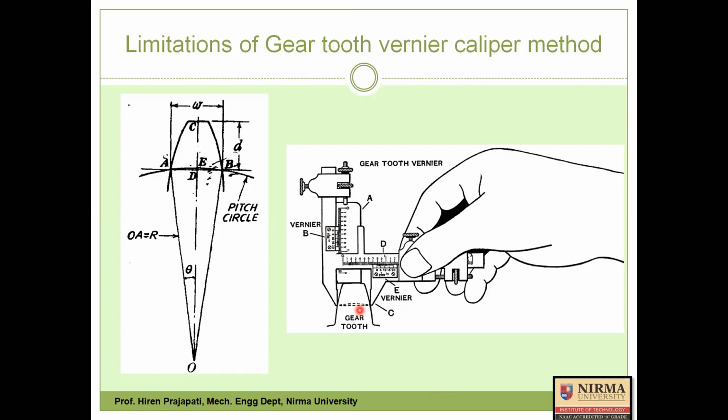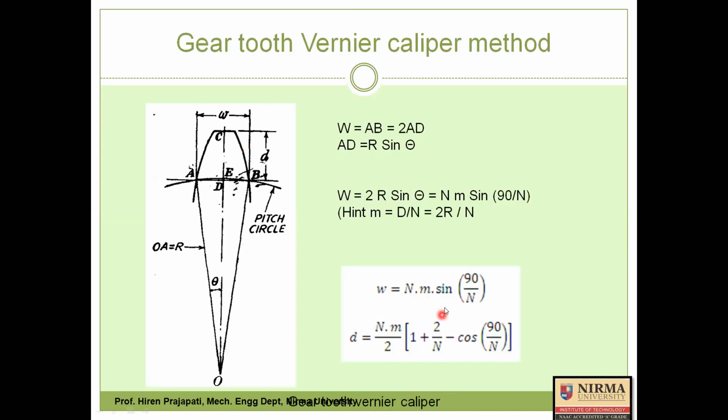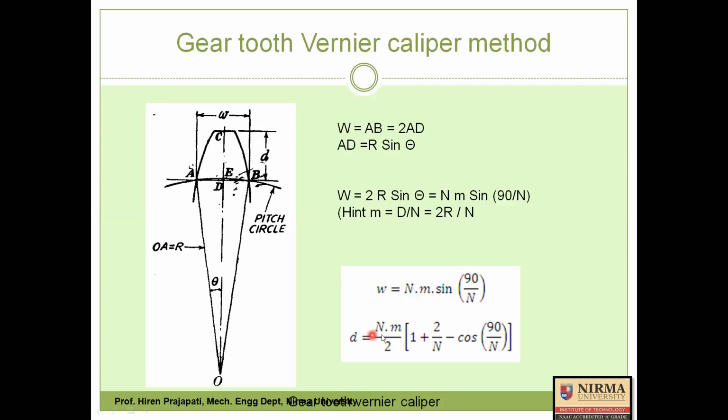Your question is genuine. But remember, suppose you take two gears with the same module but different numbers of teeth. For both gears, the equations of chordal depth and chordal thickness are different, because they depend on M and N both. Then for both gears I need to set a different value of D, because D is a function of N also.